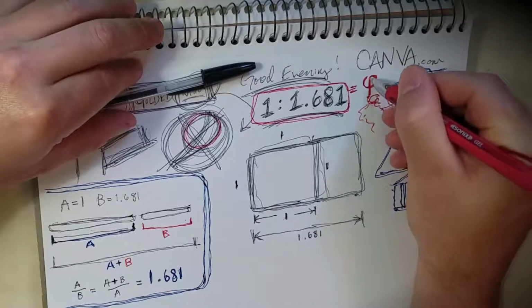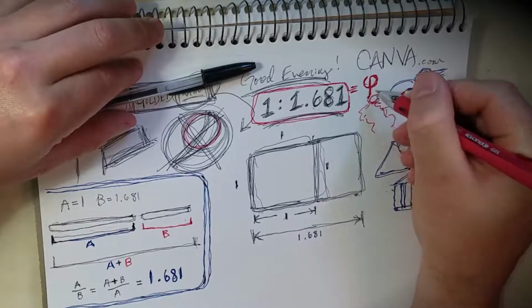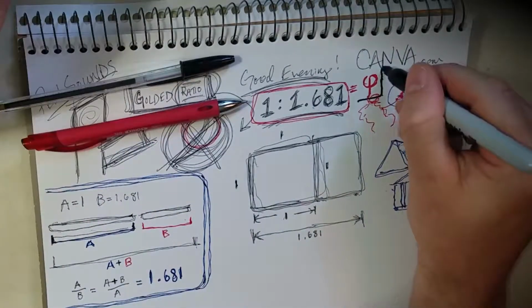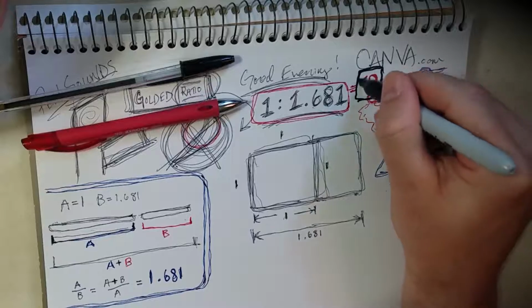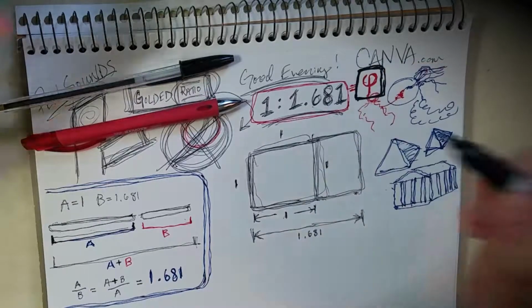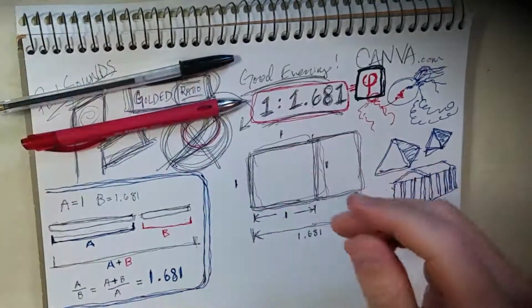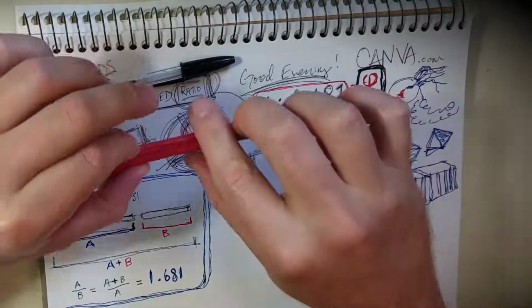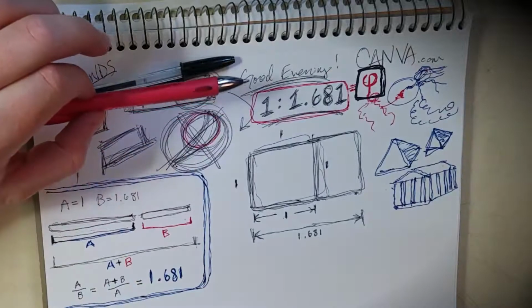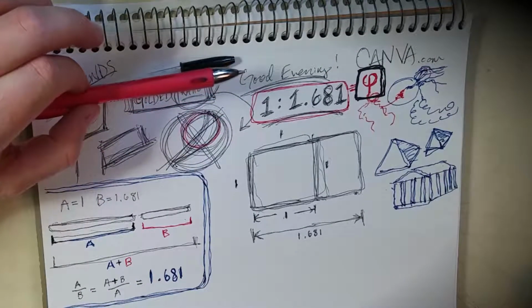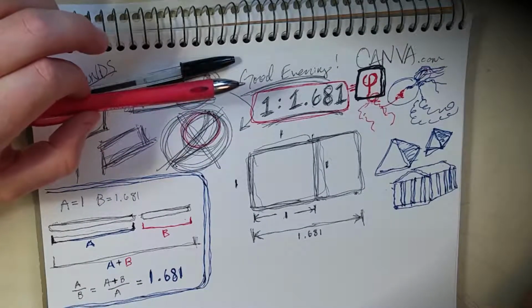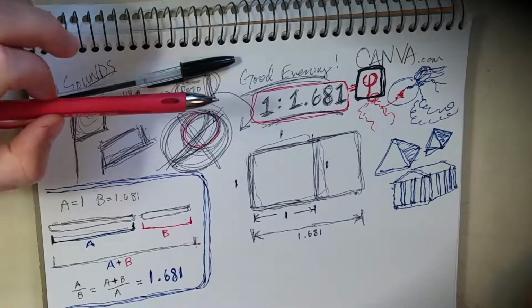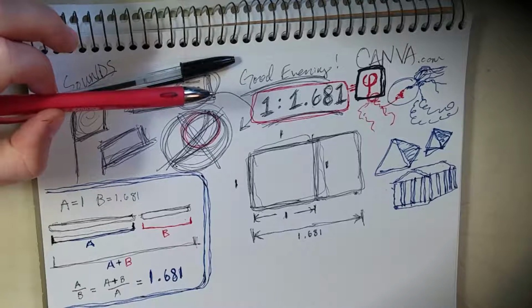Let's have it come out of Adam here. And so that is phi. Face. So it's a natural harmony that we recognize, and for some reason we are drawn to it.